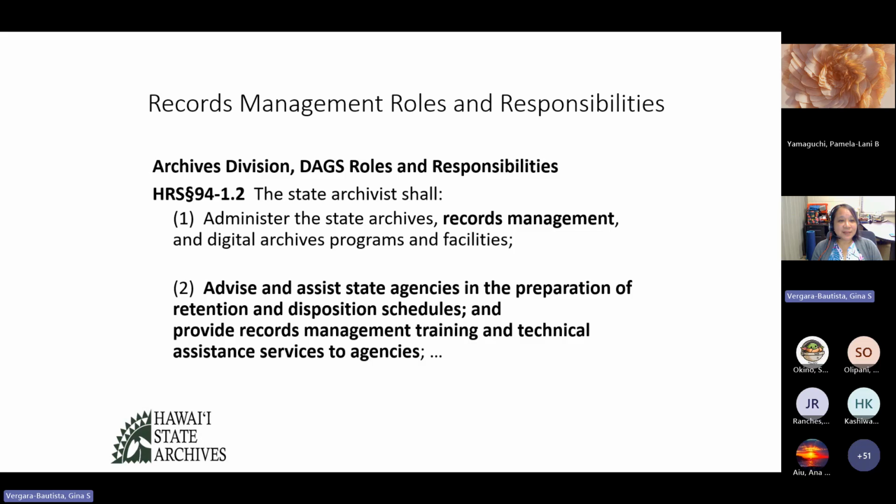We advise and assist state agencies in the preparation of retention and disposition schedules and provide records management training, like today, and technical assistance services to agencies when you're going through various things like mentioned earlier, updating your record keeping system.